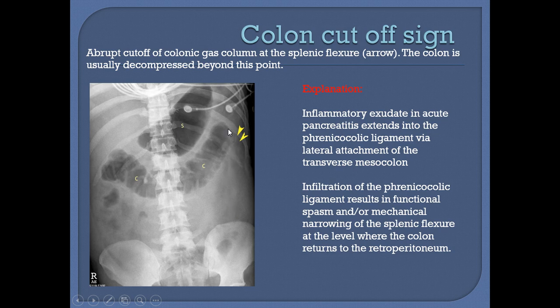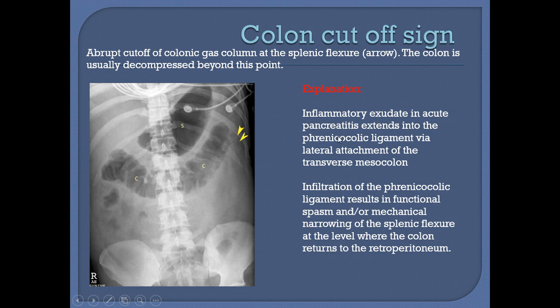The spleen lies here, the liver lies here. When there is a turn of the transverse colon and the start of the descending colon, this portion is called the splenic flexure, and this is the hepatic flexure.